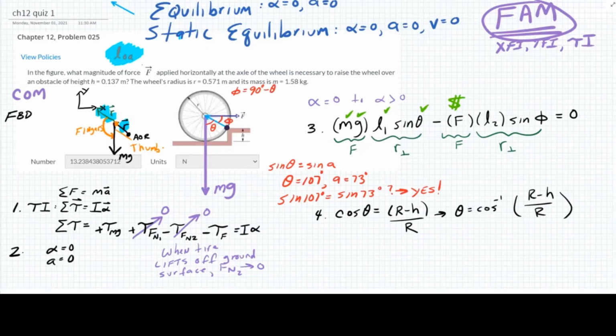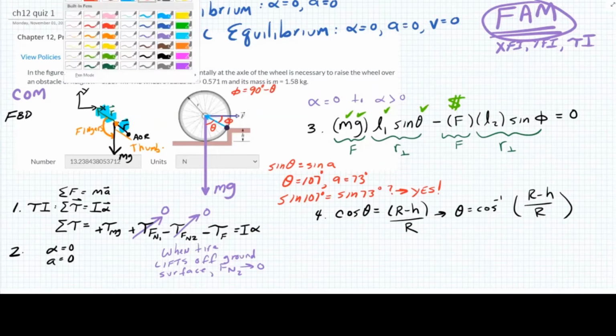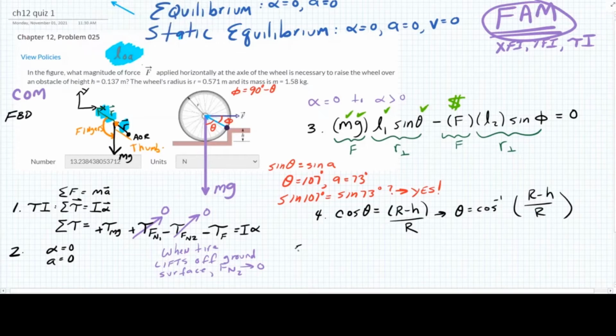Here's a rewrite of line number 3. I have mg L1, and I know what L1 is, times sine theta, minus F, which is my unknown, times L2, and I know what L2 is, although I'm going to draw it again, times sine of phi, and sine of phi is the same as 90 degrees minus theta.